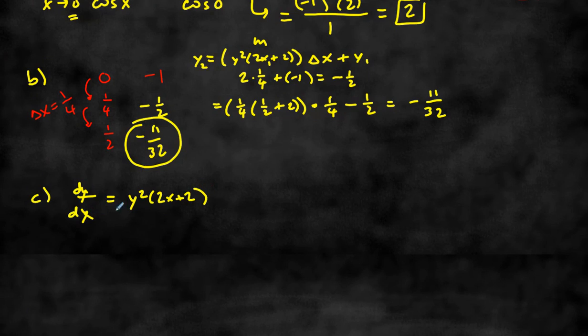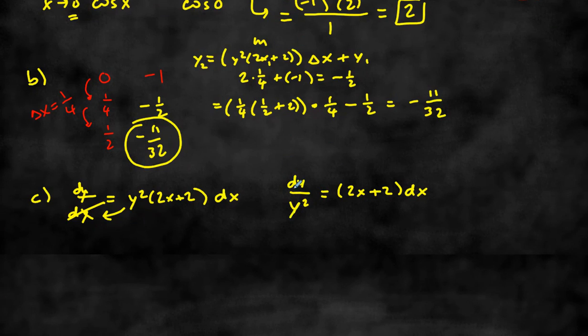Basic plan, multiply up by the dx, put the x's together, take the y squared, and that's going to come down here. So that leads us to dy over y squared equals 2x plus 2 dx.